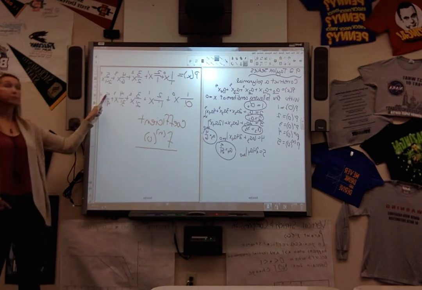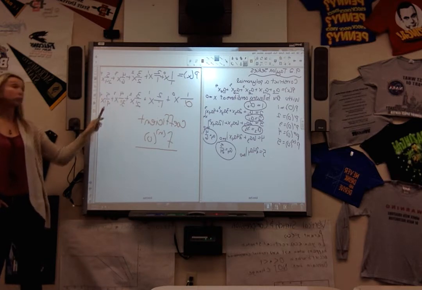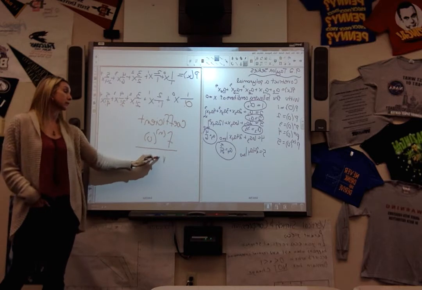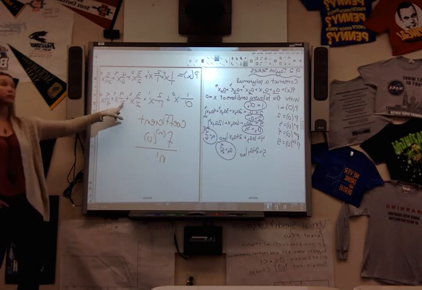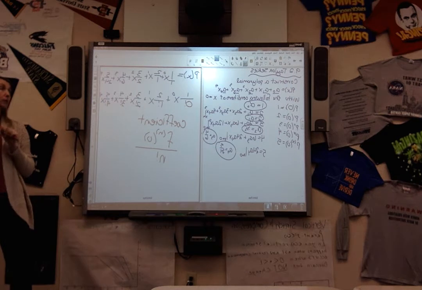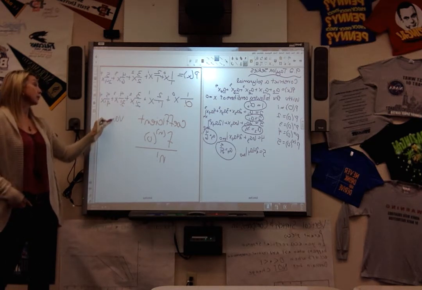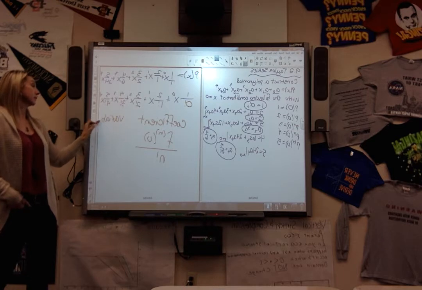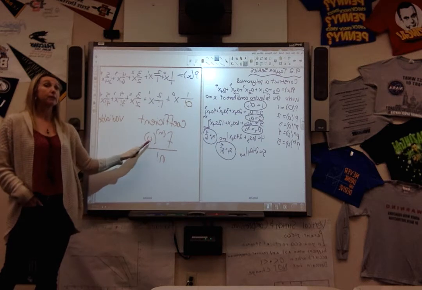So this was my fourth derivative over 4 factorial. Whatever the derivative is, that's the factorial on the bottom. This was my third derivative over 3 factorial, second derivative over 2 factorial. So this gives me my coefficient: it's the nth derivative of f evaluated at 0.